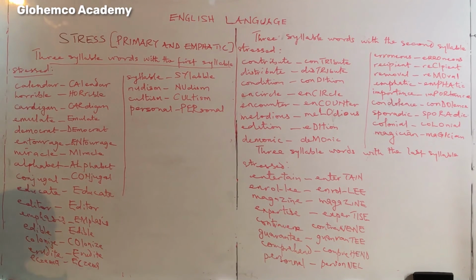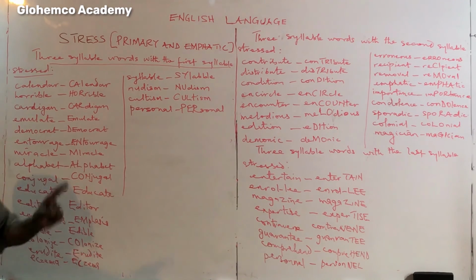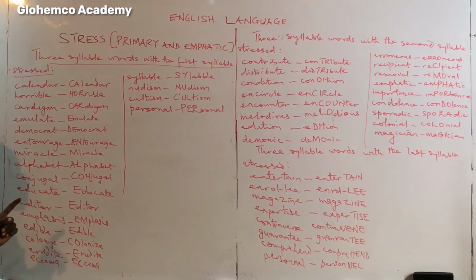And for your information, when you have an English word that has 8 or 9 syllables, it's just only 1 syllable that is stressed. It is not like Yoruba language, which is tonal.